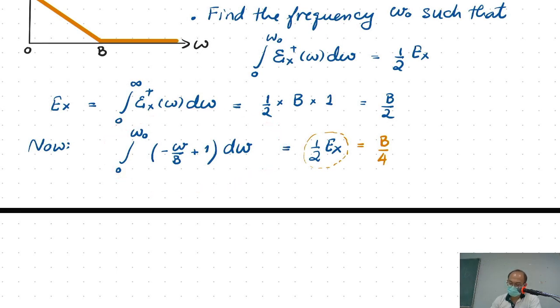The left hand side would be minus omega squared over 2b and plus omega, right? Where omega ranges from 0 to omega 0. And that has to be equal to b over 4.